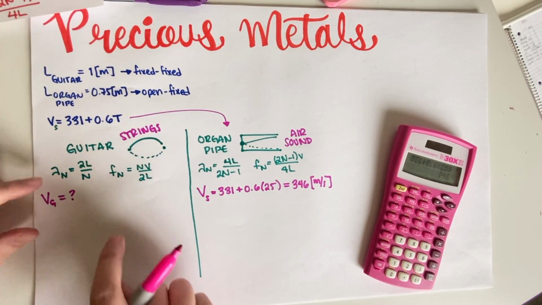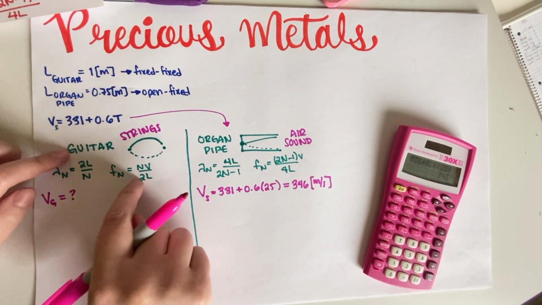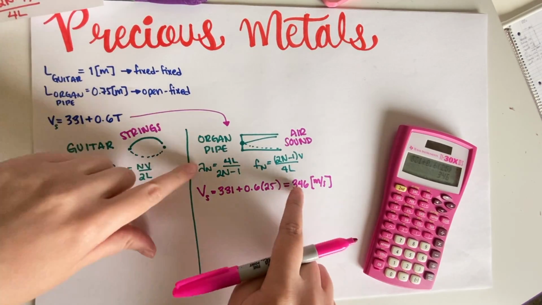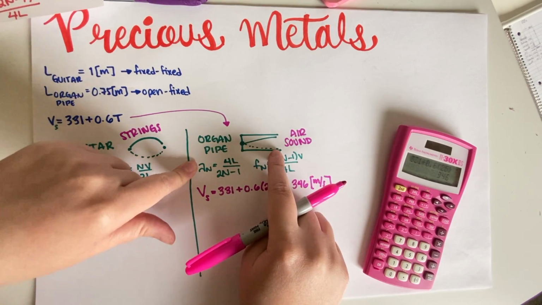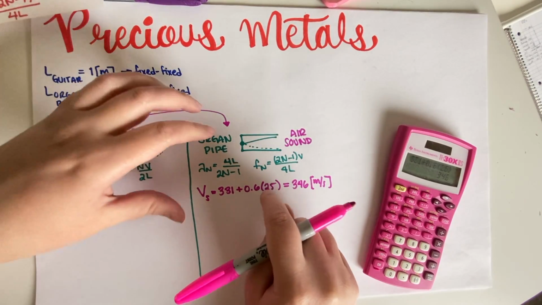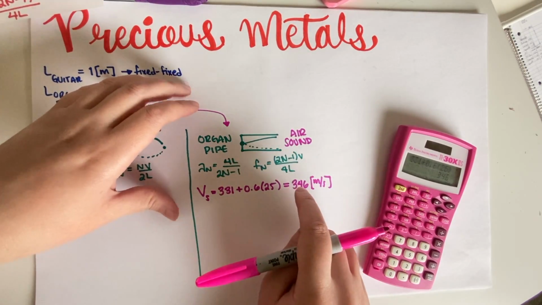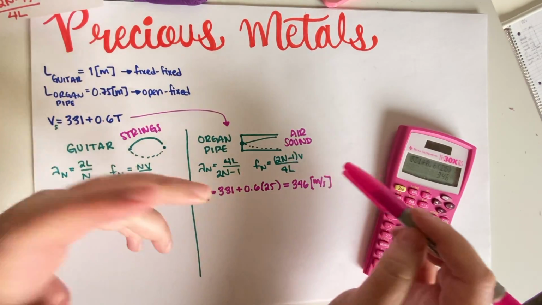So for example, on the guitar, if you're on the first harmonic, the second harmonic, the third harmonic, this velocity is going to be the same because you're still using a string. Same goes for the organ pipe. If you're on the first harmonic, the second one, the third one, it doesn't matter because the velocity of the medium is still going to be the same. It depends on the temperature. It doesn't depend on the harmonic.